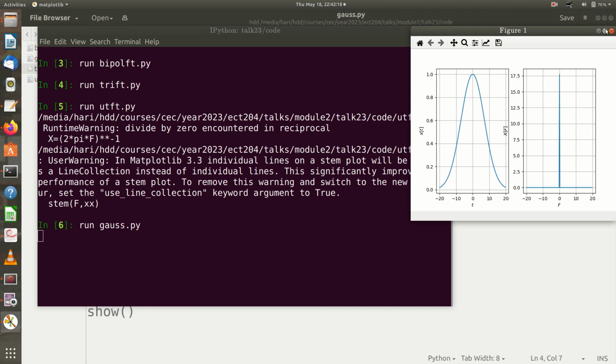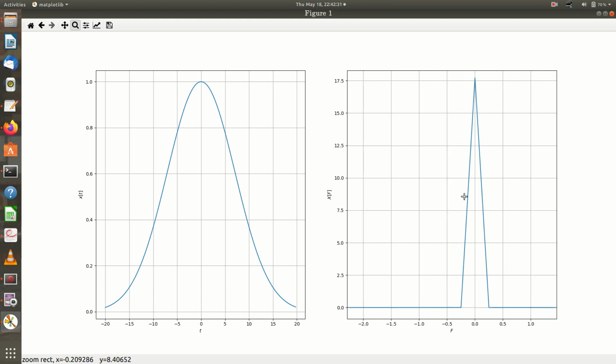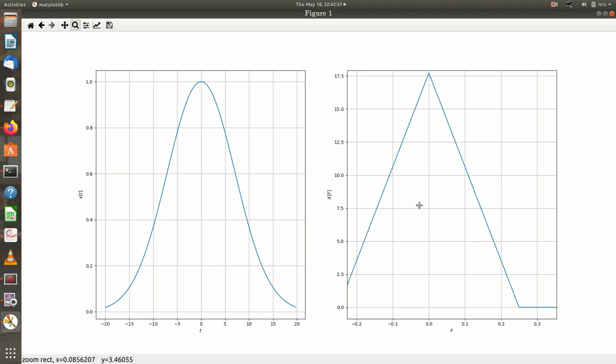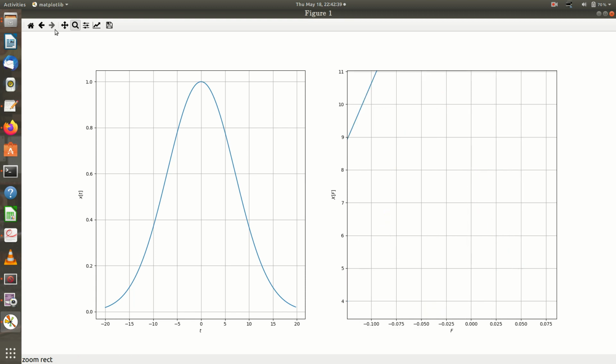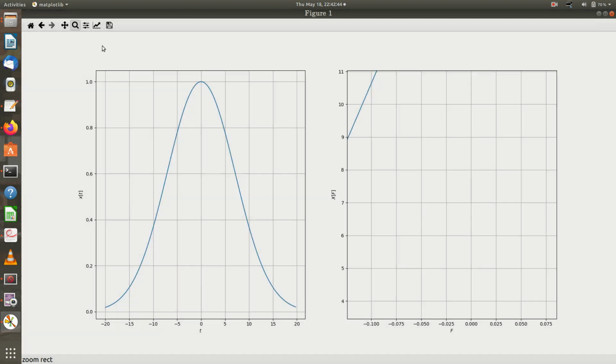You can see that this is a Gaussian pulse in the time domain. This is another Gaussian pulse in the frequency domain, but it's a much steeper, much sharper one. I will zoom this. Yes, it's a much sharper one, but it's also a Gaussian pulse.